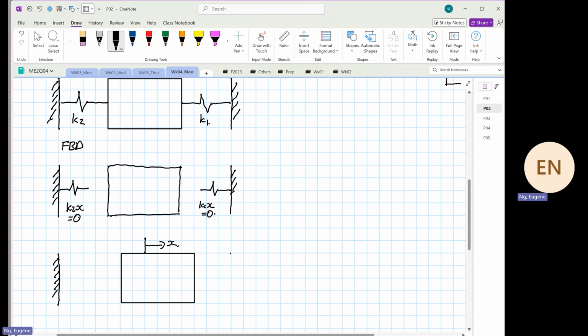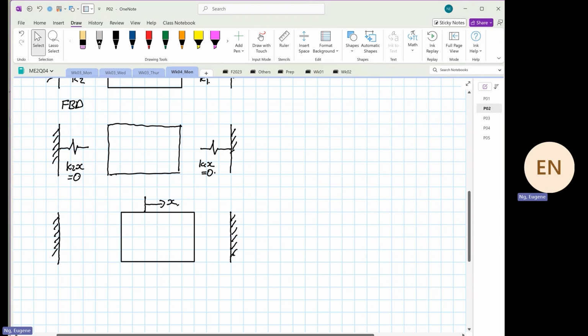So these two walls are still fixed over here. So now, K2 now will be under what? Anyone? You can call it tensile, or you can call it what? Compression. And then K1 is under what? Under compression.